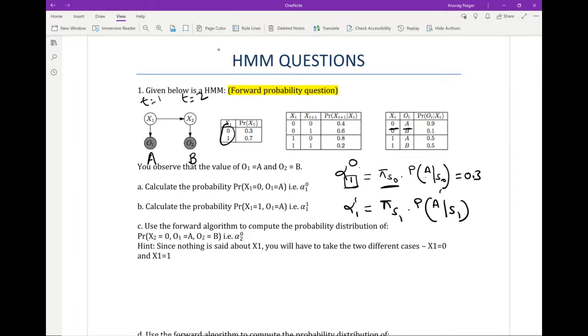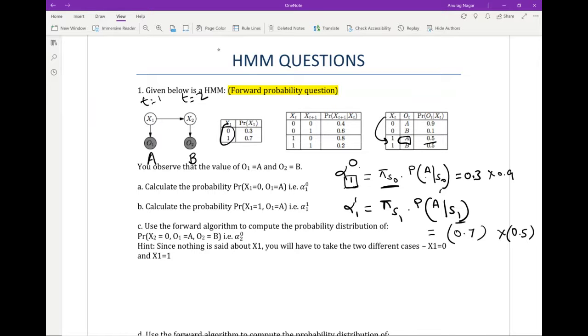So this will be 0.9. This will be probability of starting in S1, which is 0.7, multiplied by probability of state 1 outputting A, that is 50%.